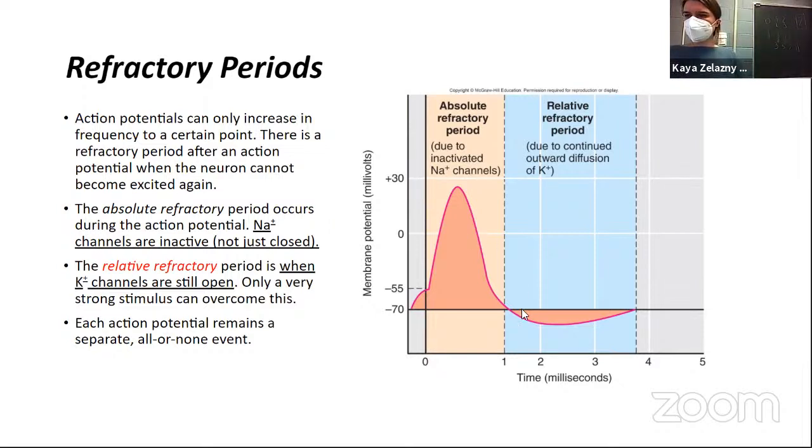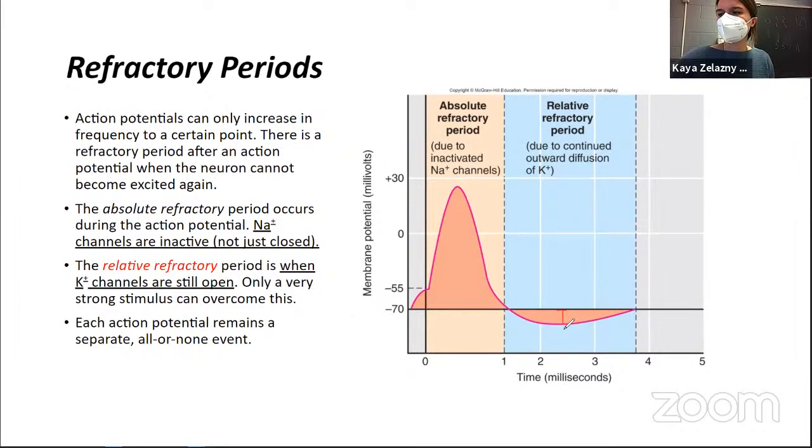The relative refractory period is here in blue, right? We see that after hyperpolarization, where we know we're getting below negative 70, we would just have farther to go to negative 55. So we could do it, but we're probably not going to do it. Regardless, if we were to fire off an action potential in the relative refractory period, we wouldn't subtract this from positive 30 and somehow have a lower action potential.